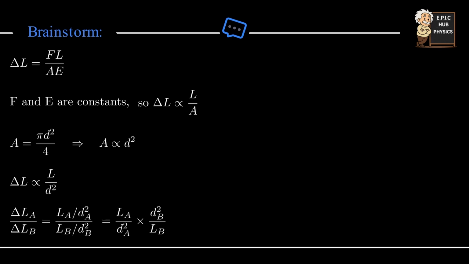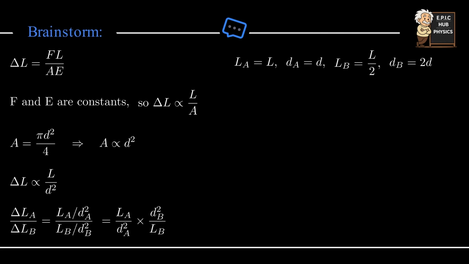Next, we substitute the values given in the question. For wire A, LA equals L and DA equals D. For wire B, LB equals L divided by 2 and DB equals 2D.